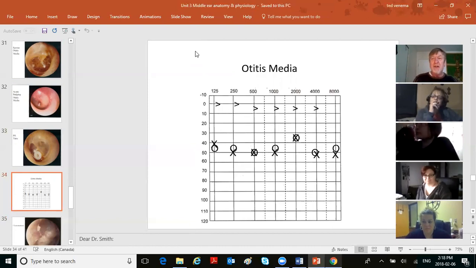So here you go. So here we've got the child can't hear until it's about 40 or 50 decibels. The child has hearing loss all the way across because he's got an ear infection, otitis media. But when you take off the headphones and put that headband on the child's head, there's a box on the headband, and it lays on the mastoid bone, and you deliver sound through the mastoid bone.